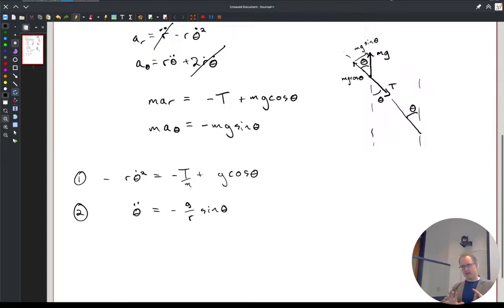When I look at this, the first thing I think is, all right, I've identified one equation of motion and an equation to solve for what tension is. I can walk you through that. Looking at equation 2, this is acceleration and angle.